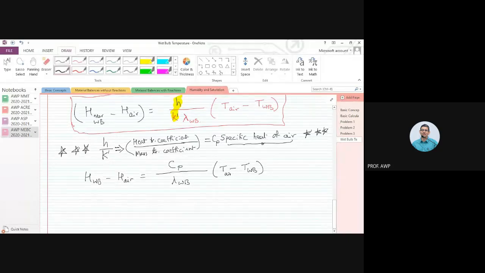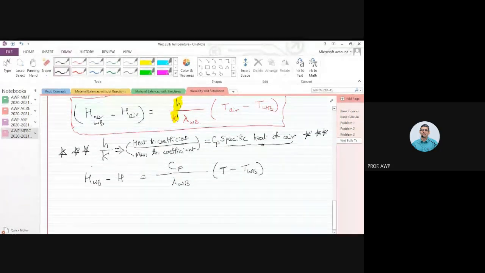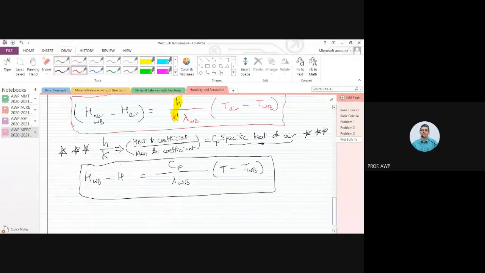Or basically I'm just talking about the air. So H is the humidity of the air and T is the temperature of the air. I can use this expression to calculate the humidity of the air.